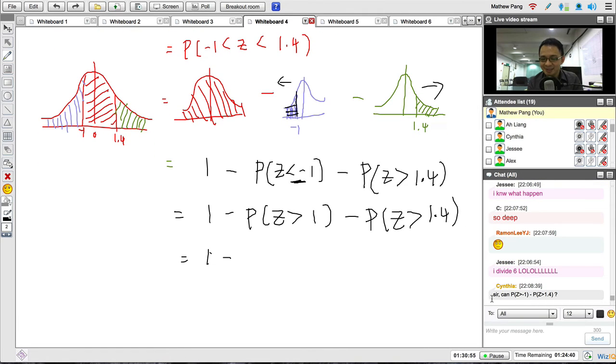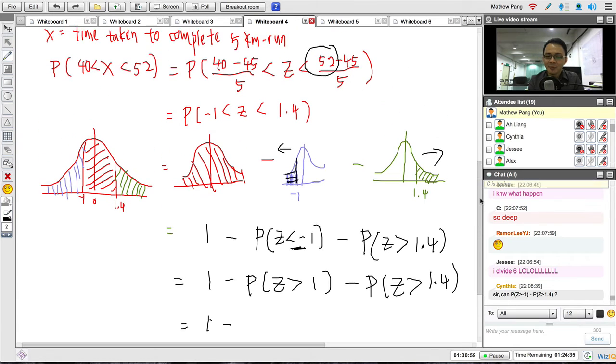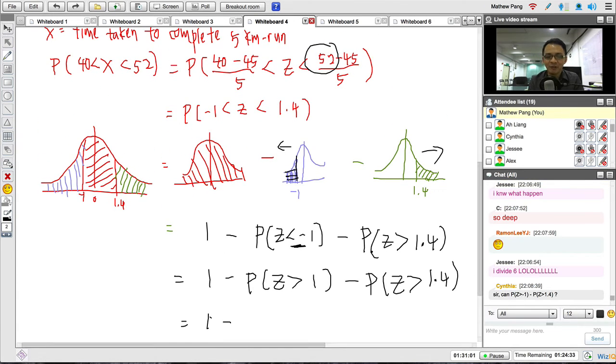Alright, sir, why cannot write bigger than -1? Okay, if this is -1, if I want to find bigger than -1, you will see what happened is this one. This is -1, right? Bigger than -1 is this one, isn't it? Some student might use the idea bigger than -1, and then I minus the green color part, I can get the red color part.